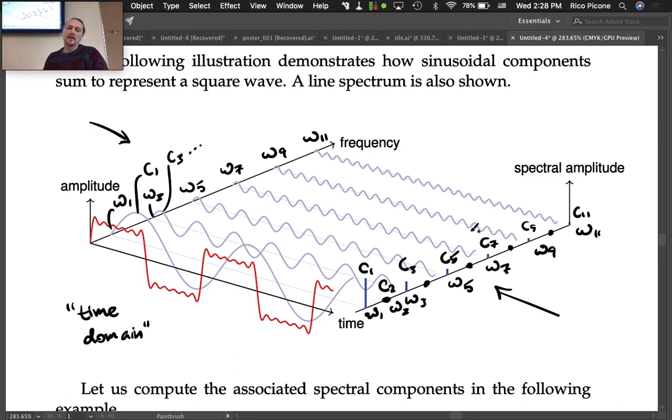Or maybe for some reason you don't want certain frequencies to come through in your system, which is very common. We want our system to filter out different frequencies. And that's something that we'll discuss as well. So we're just getting to see the very beginnings of a very exciting world of frequency domain analysis.